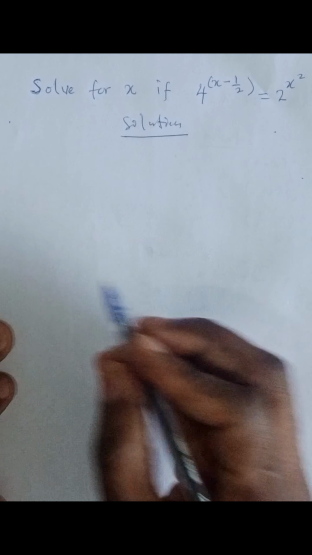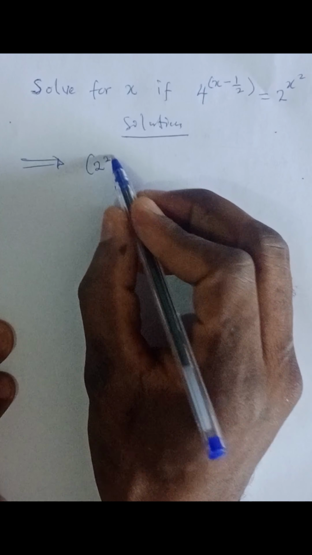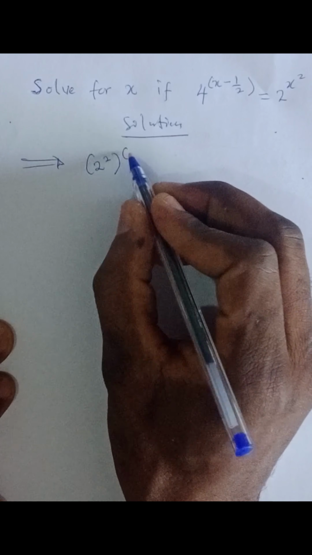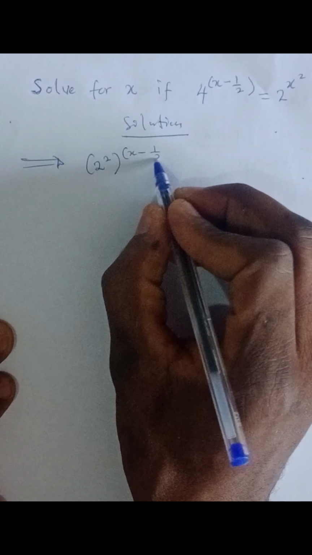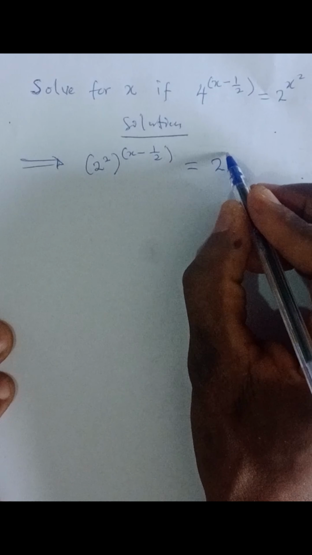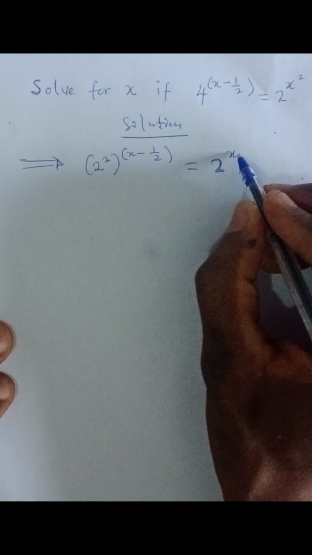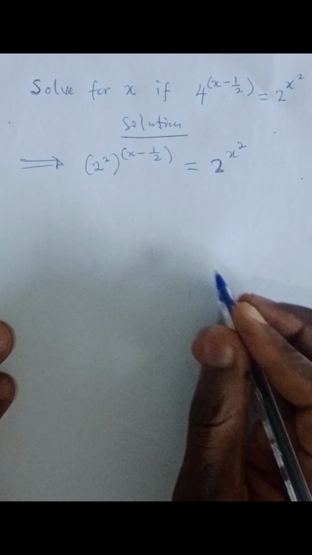All right, so this implies that 4 can be written as 2 squared, all raised to the power of (x minus 1/2), equals 2 raised to the power of x squared.